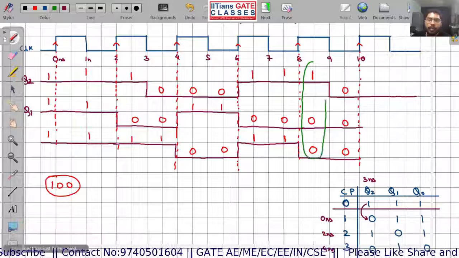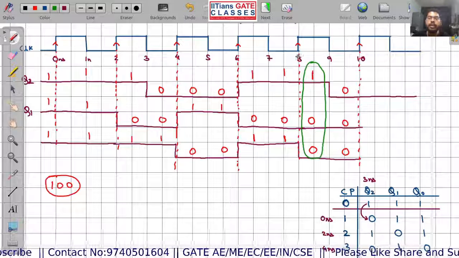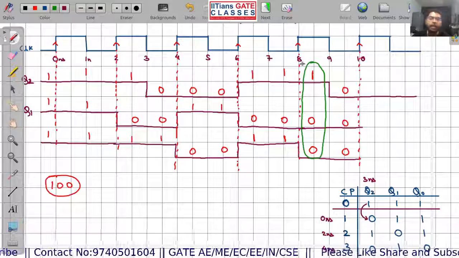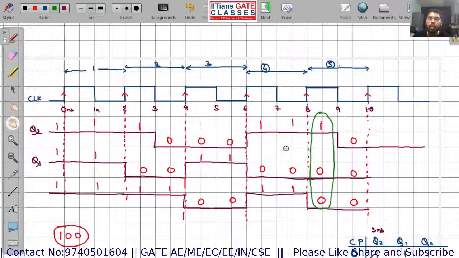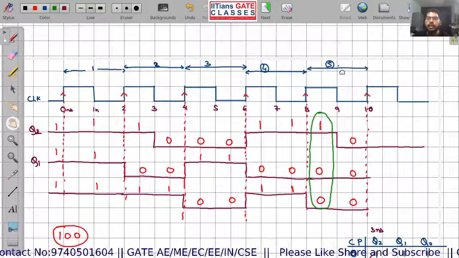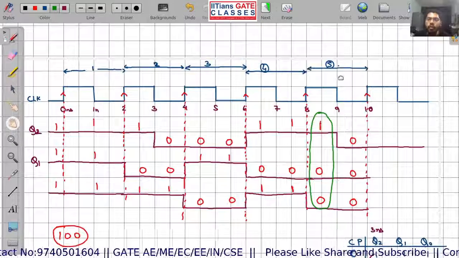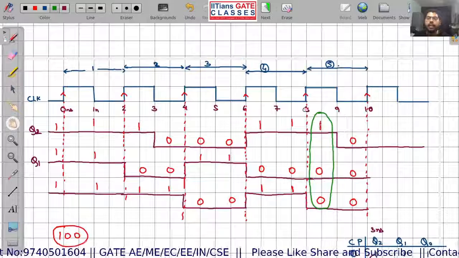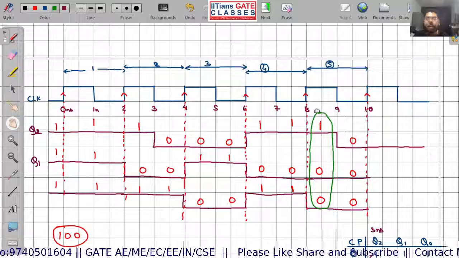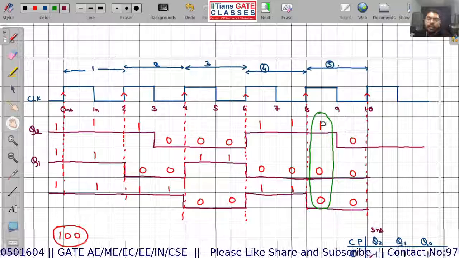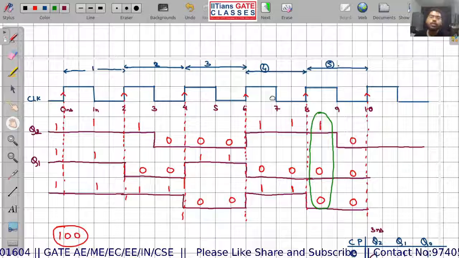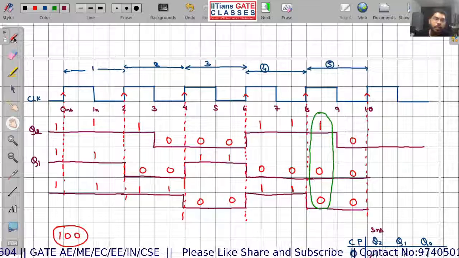Now you see, the value they have asked for, you are encountering in between 8 to 9 nanosecond. And where is your 8 to 9 nanosecond? In your 5th clock pulse. In your 5th clock pulse, in between 8 to 9 nanosecond, your counter is giving the state they have asked for. So at which clock pulse? At the 5th clock pulse.